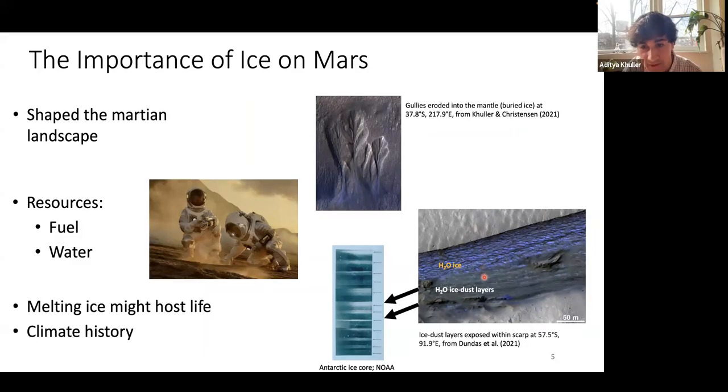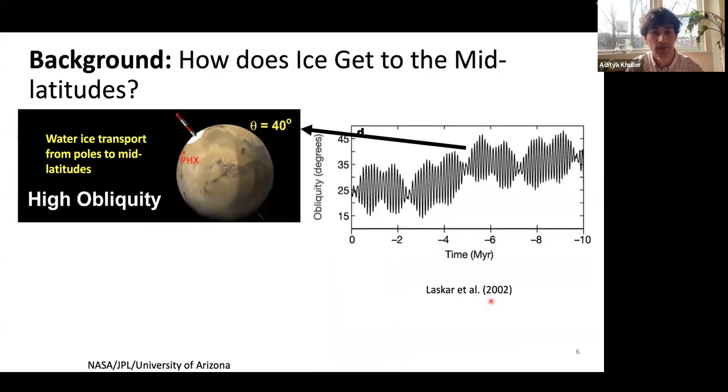And then you might be able to discern these layers of ice and dust that you see exposed. And so the idea is if you can obtain or drill into this ice and get a core, just like on Earth, you could then understand the gases and by analyzing the gases and the sediments trapped in the ice, you can figure out what happened when the ice was actually in place to figure out the climate and its history.